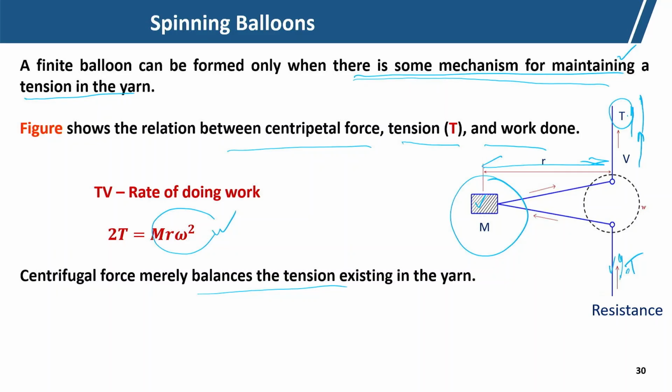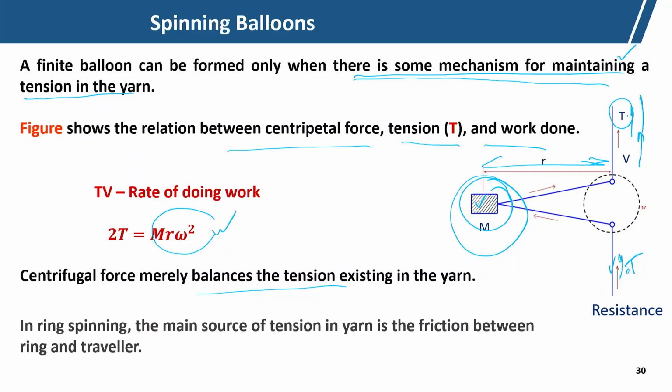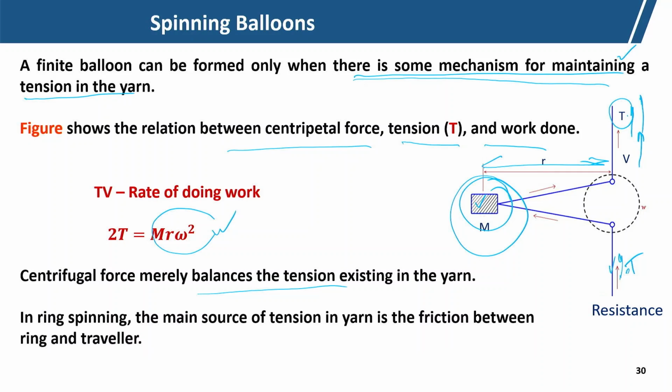Here m is the mass, and we can assume the mass at the center point. In ring spinning, the main source of the yarn tension is the friction between the ring and traveller.